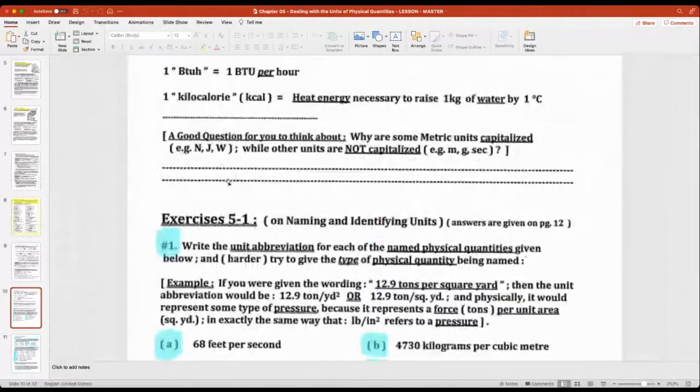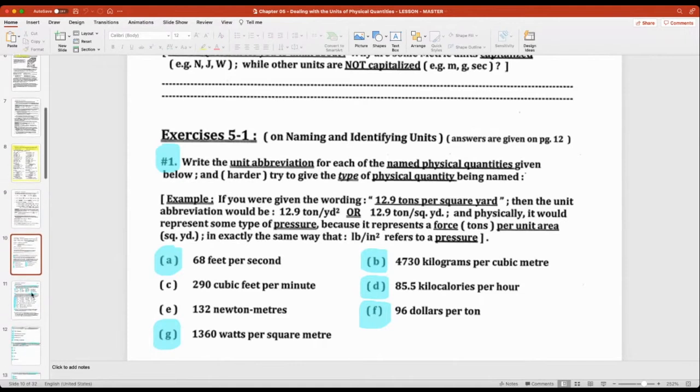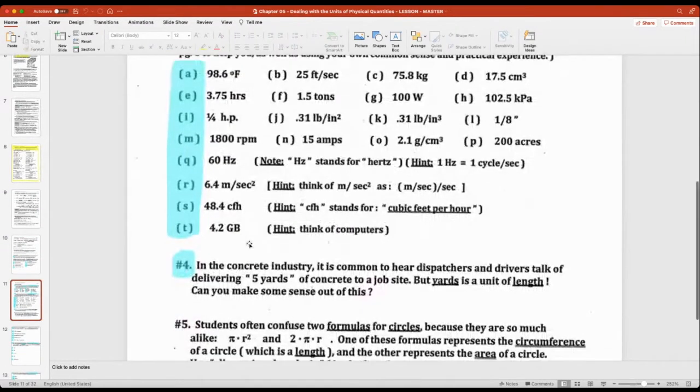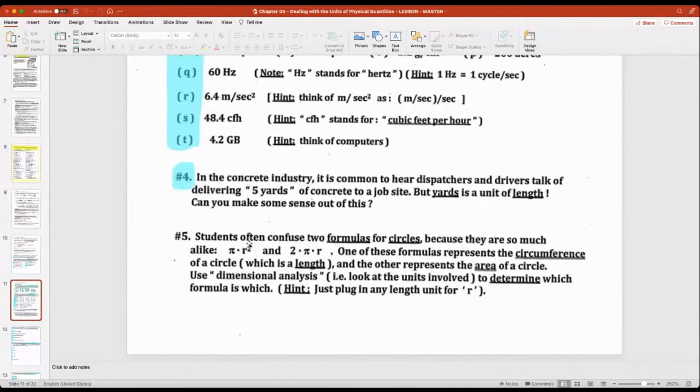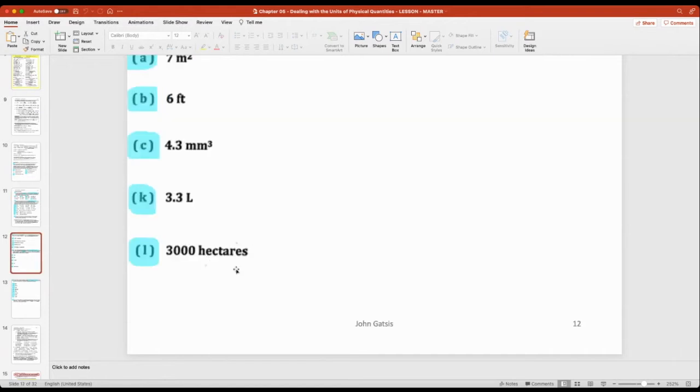the questions here in the exercise section are just communication oriented. Like, write down the unit abbreviation, describe the physical quantity. There's a whole bunch of them, and I highlighted about a dozen. So for the next 20 minutes or so, maybe less, we'll discuss these units.